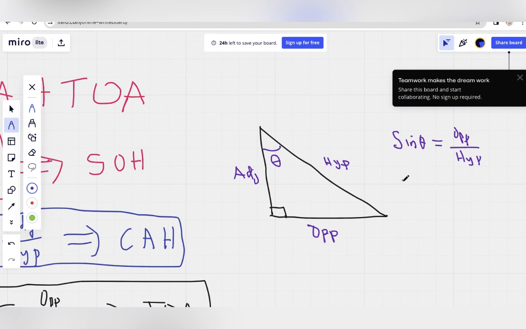The same way, cos theta, the cosine of this angle, is not opposite, it's the adjacent over hypotenuse.